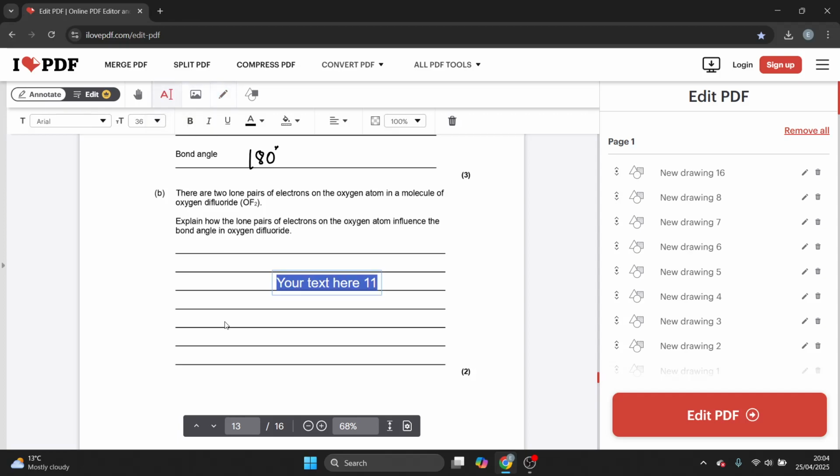Explain how the lone pairs of electrons on the oxygen atom influence the bond angle of oxygen difluoride. Number one thing, anytime you get a question like this, lone pairs repel more than bonding pairs of electrons. And what does that mean? Well, that means the bond angle will be lower.